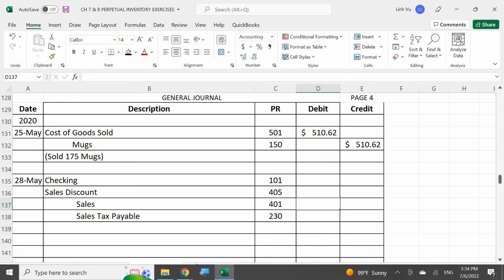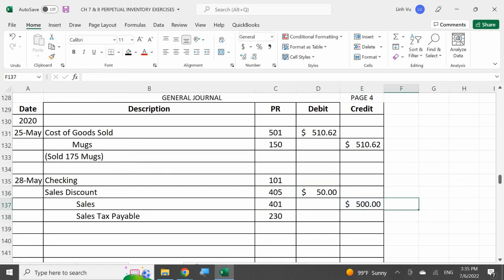So in this case, if you sold 50 black mugs, and of course, you sold them for $10 each, how much is the total here for sales? 500. Now, because you gave them an additional 10% discount off of the sales, how much is the discount amount? $50.